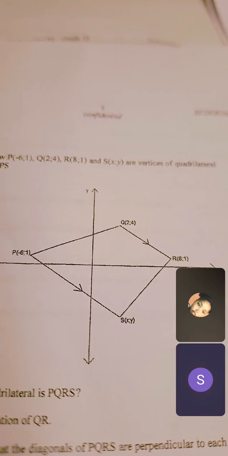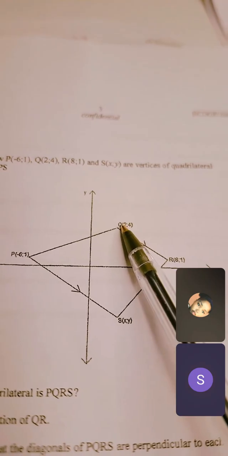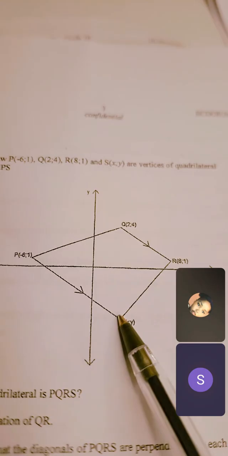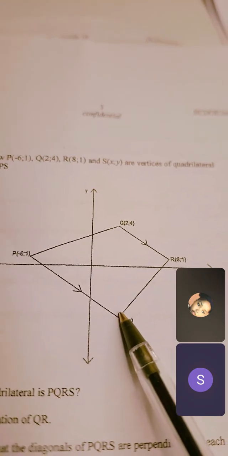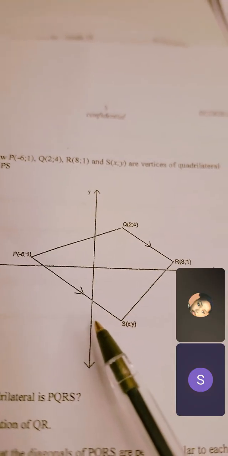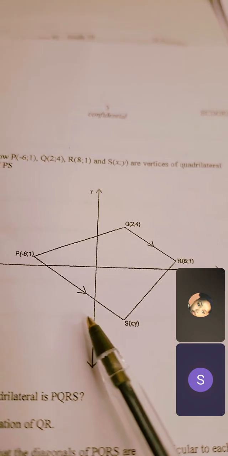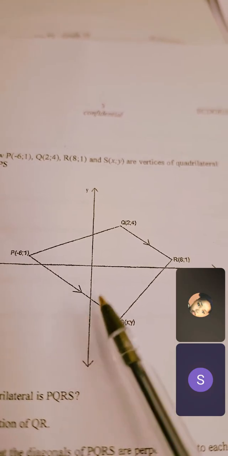PQ and SR. Okay, PQ and SR. So you are saying PQ and SR are adjacent sides? Yes, sir. What does the word adjacent mean, Asenati? Opposite sides. Nope. Adjacent and opposite don't mean the same thing.